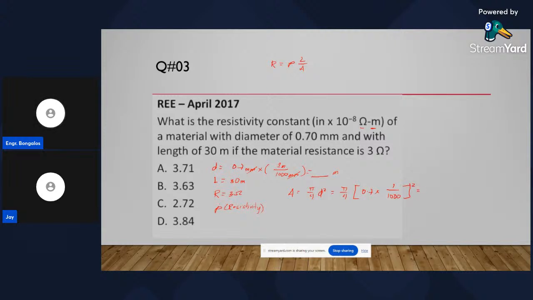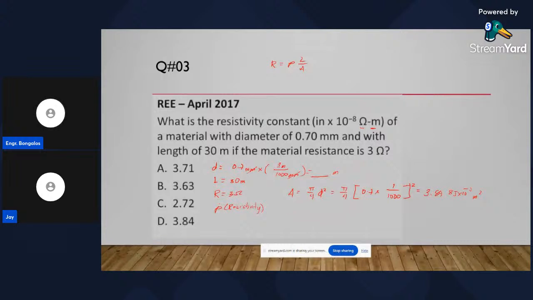So kunin muna natin yung area. So yung magiging area nito kapag kinalculate natin, so magkakaroon tayo ng 3.8485 times 10 raised to negative 7 meter squared kasi naka-meter squared tayo.